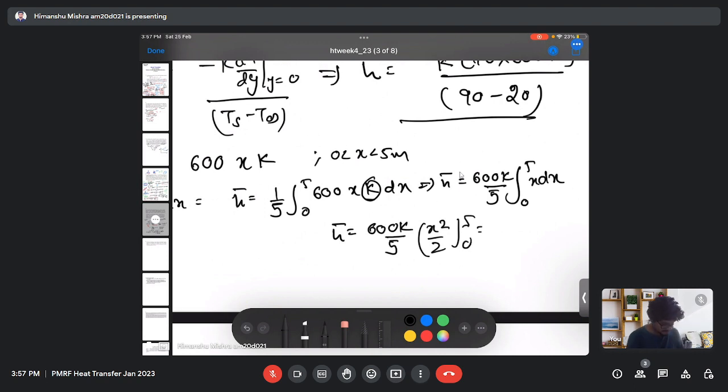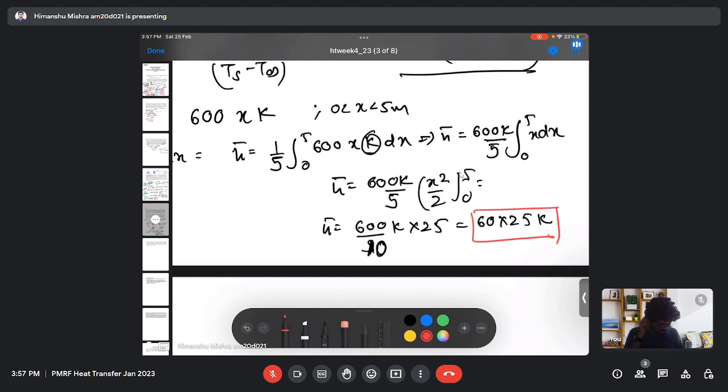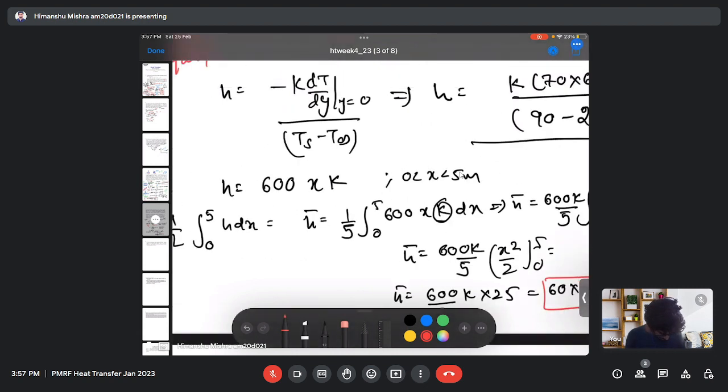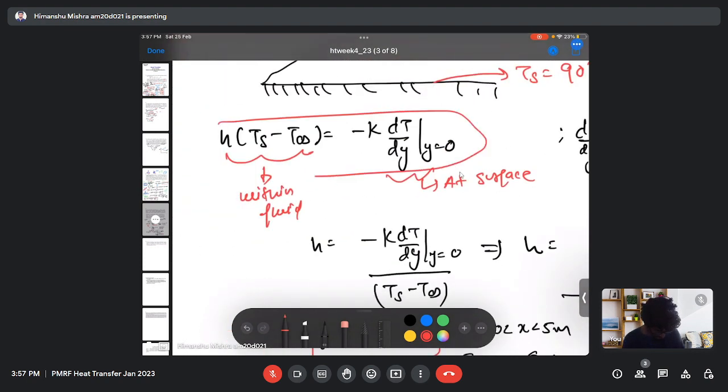We just need to put the limits, and here we can write 25, so it is 60 multiplied by 25k. So this will be my average heat transfer coefficient, and the local heat transfer coefficient I get from just my energy balance equation, which is this.